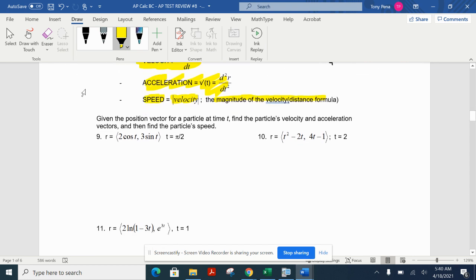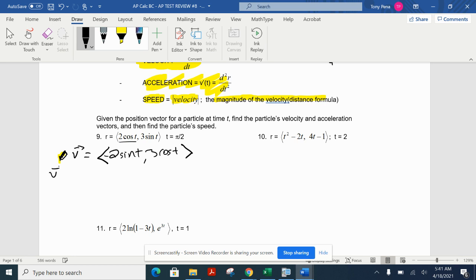So we come down here, given the position vector of the particle at time t, to find the particle's velocity and acceleration and the speed. So pretty straightforward. If this is our velocity vector, here we're using these little carets, it is nothing more than our first derivative. So negative 2 sine of t is the derivative of the first one. 3 cosine of t is the derivative of the second one.